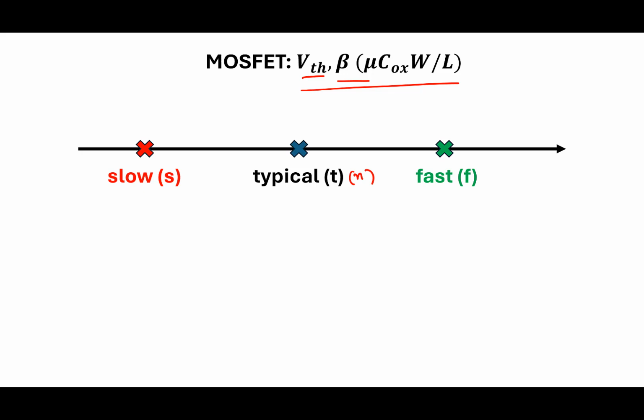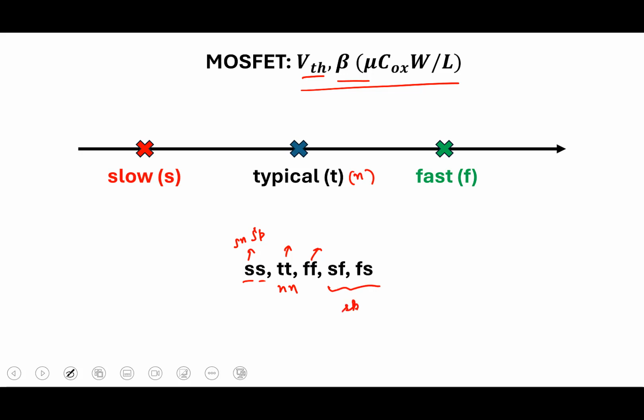Now, this is for NMOS, and you'll have the same for PMOS. So now we can put all permutation combinations, and the things that we look at are these: slow NMOS, slow PMOS; this is typical, or nominal, NN; this is fast, and this is typically referred to as skewed corners, wherein one of the transistors is slow while the complementary device is fast, or vice versa.